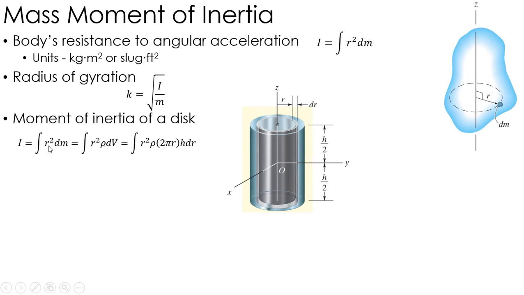Okay, so here's my equation for the mass moment of inertia. I altered the mass of my tube to be just the density times the volume, dv, for my tube. Then using what I know about the volume, substituting that in, 2 pi r is the circumference.